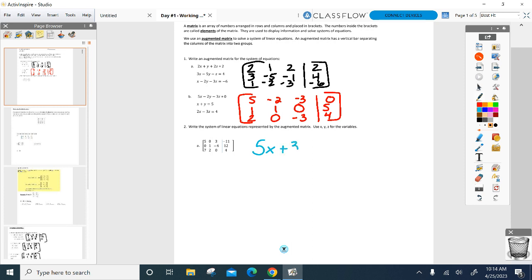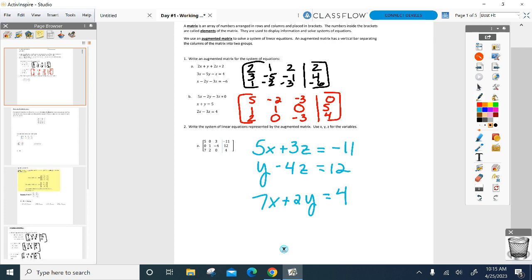Plus 3z equals -11. No x on the second one, but y minus 4z equals 12. And then the final one, you just have what? 7x and 2y equals 4, no z.